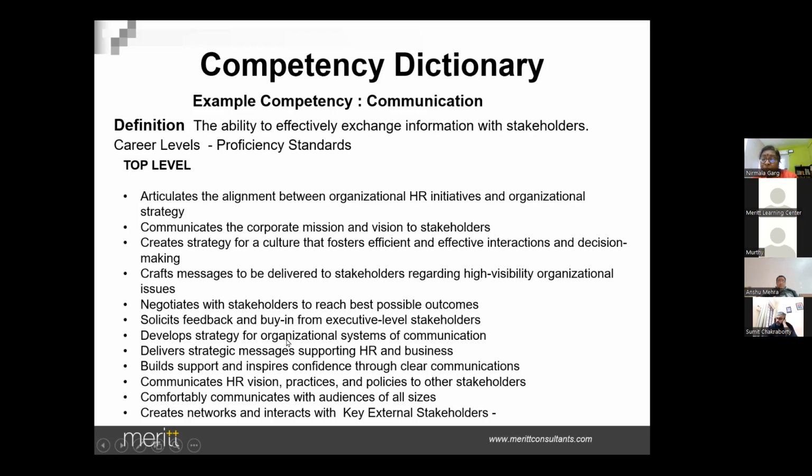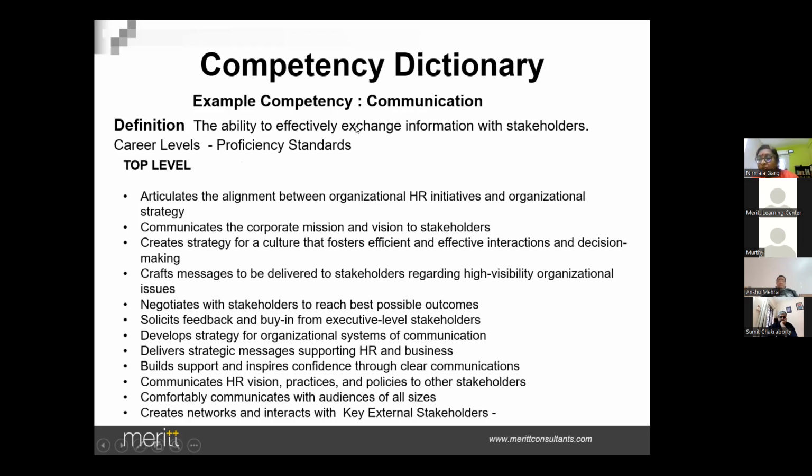Develops strategy for organizational systems, delivers strategic messages supporting HR and business, builds support and inspires confidence through clear communications. So these are all the behaviors for a top level person who could be a GMHR or a CHRO or a vice president.